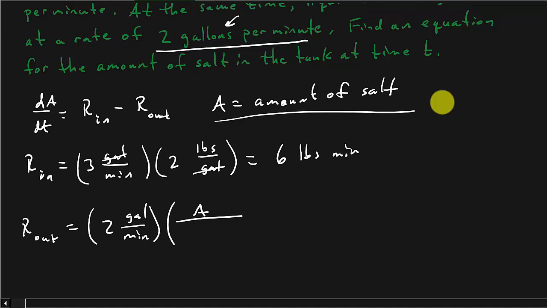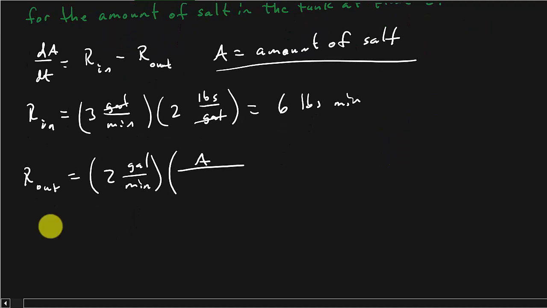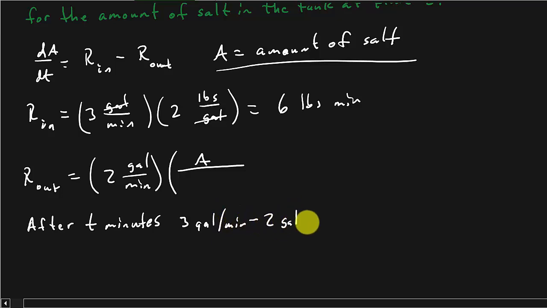But this one is different. Let's write it down like this. After t minutes, we have 3 gallons per minute minus 2 gallons per minute, right? It's coming in at 3 gallons per minute, leaving at 2 gallons per minute, which is 1.